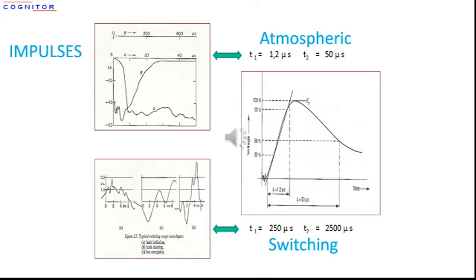In laboratories, we do tests which are meant to be representative of what happens in the network. We use the so-called impulse waves for atmospheric impulse and for switching impulse.